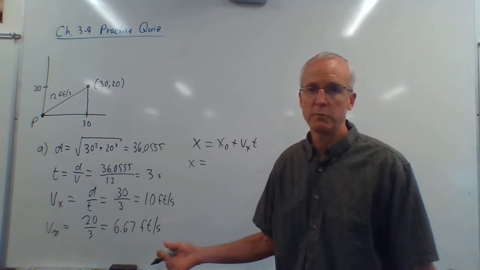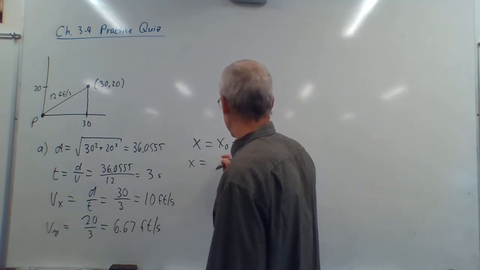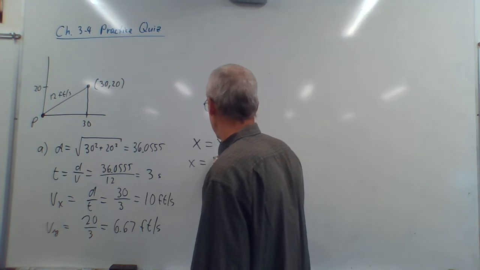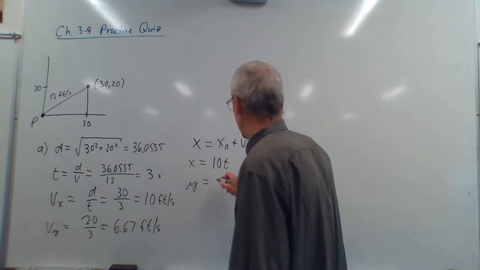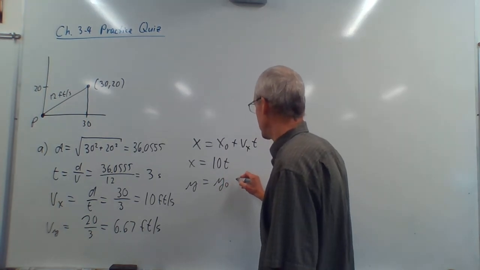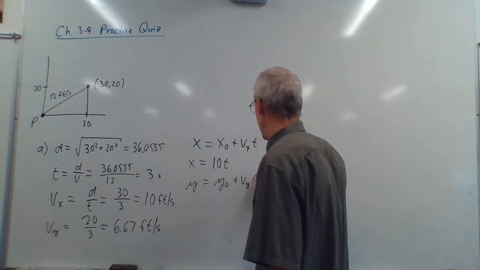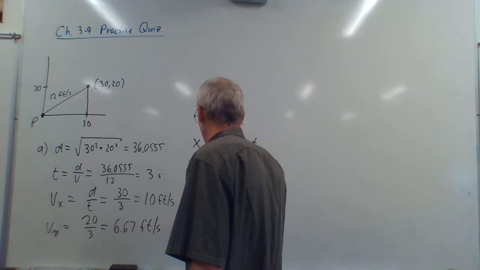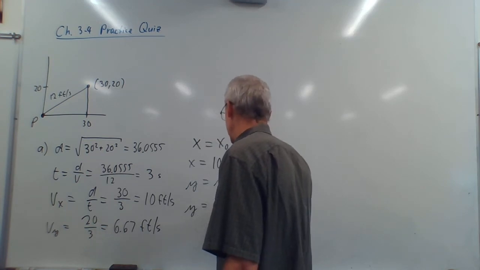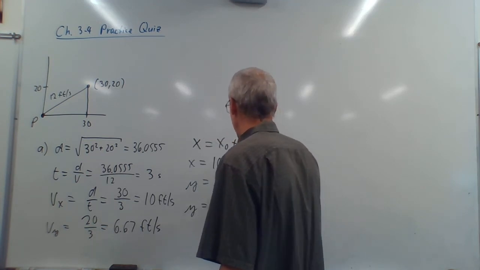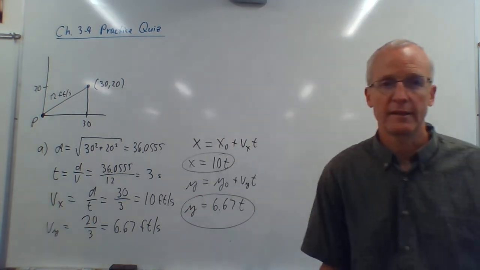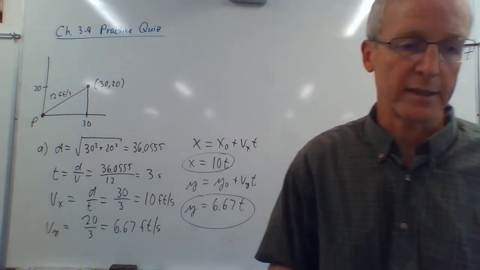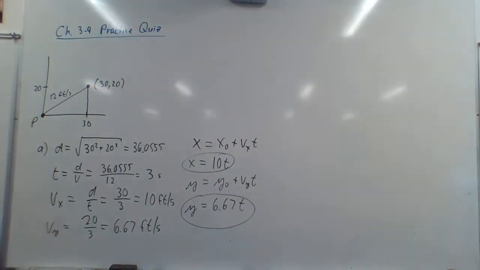So x is just Vx times t, which is 10t. And in the y direction, it's the y starting point, which was also 0, plus his y velocity times t. So y is equal to 6.67t. Easy because he started at the origin, so we don't have the pluses. All right, that was part A.